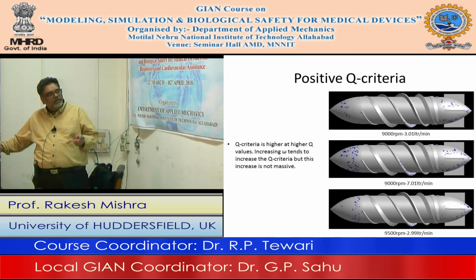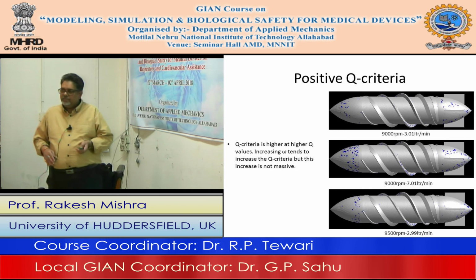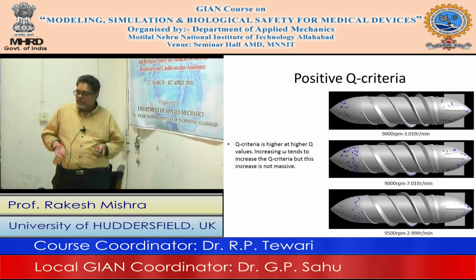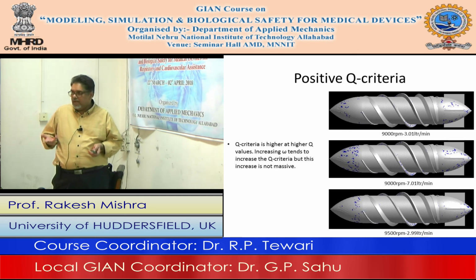So you have to find the comfortable range of speeds and flow rates over which a VAD can work properly. Because if shear stress values are beyond, for example, 7, then damage can happen. So for patient health, if it is beyond 7, that can be dangerous.